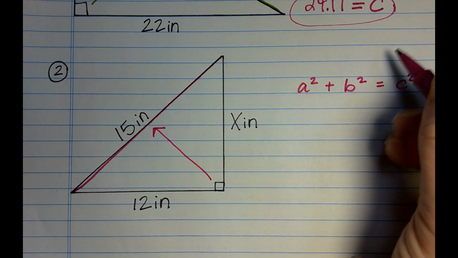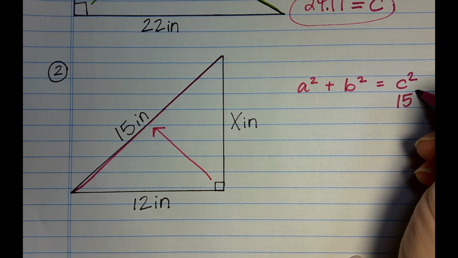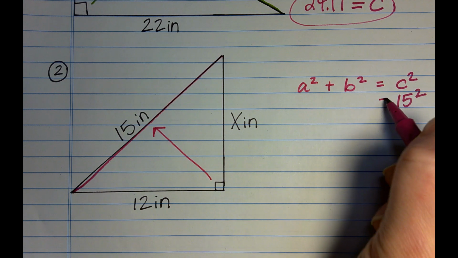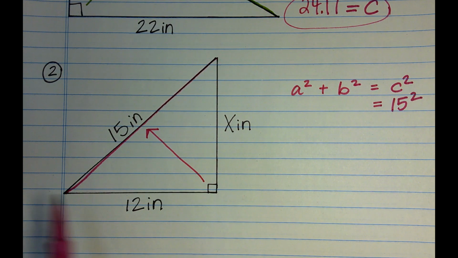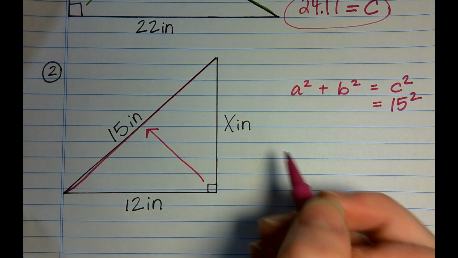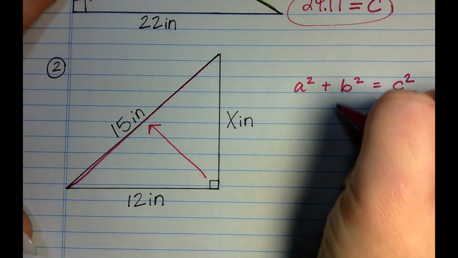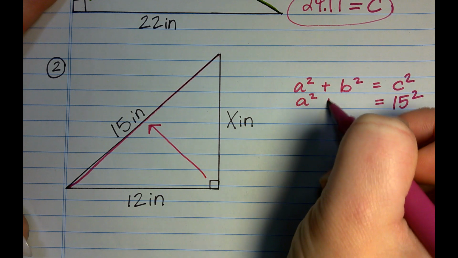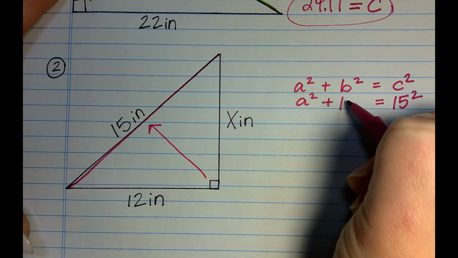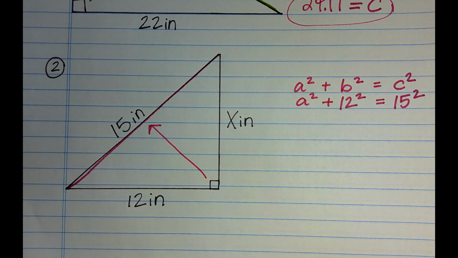My C is 15. Now, does it matter if I make 12 A or B? It doesn't matter. I'm just going to make it my B, so A squared is a little separate. So I have A squared plus 12 squared equals 15 squared.